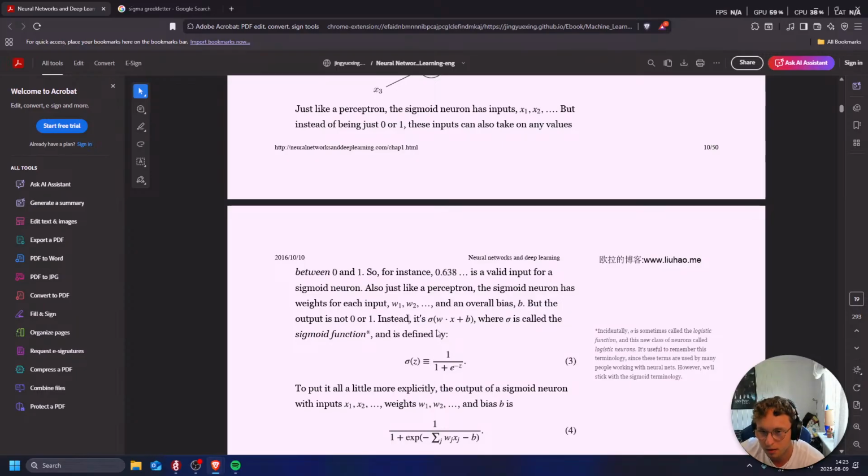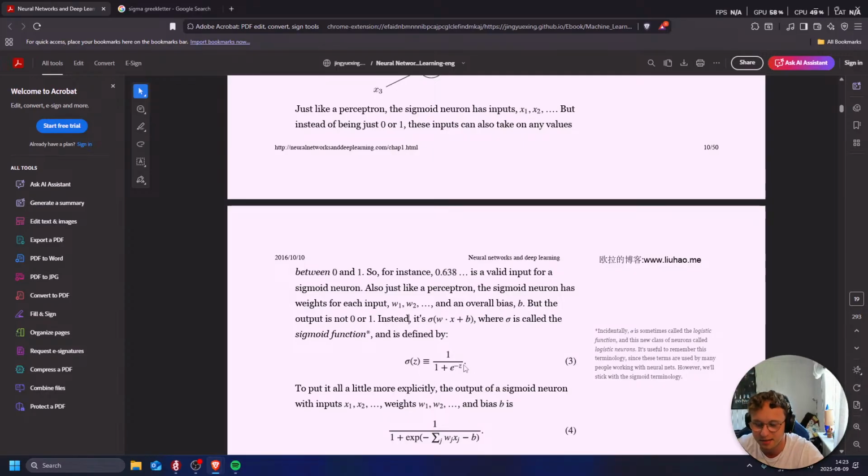Okay. I have actually seen this formula before. I think I've seen this in a class where we went through electrical signals.